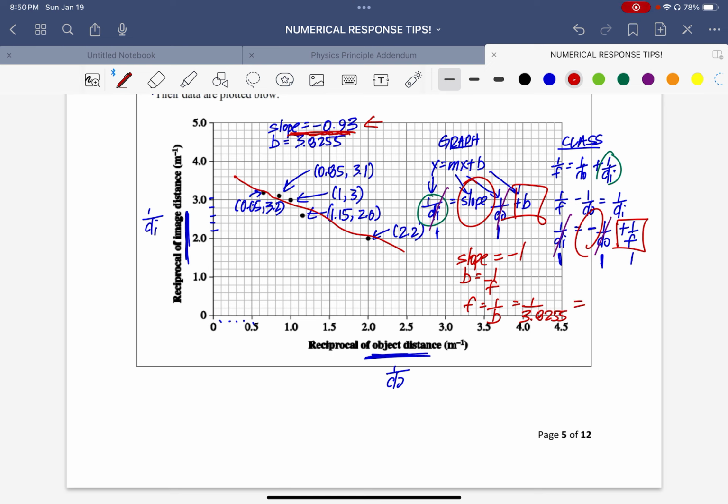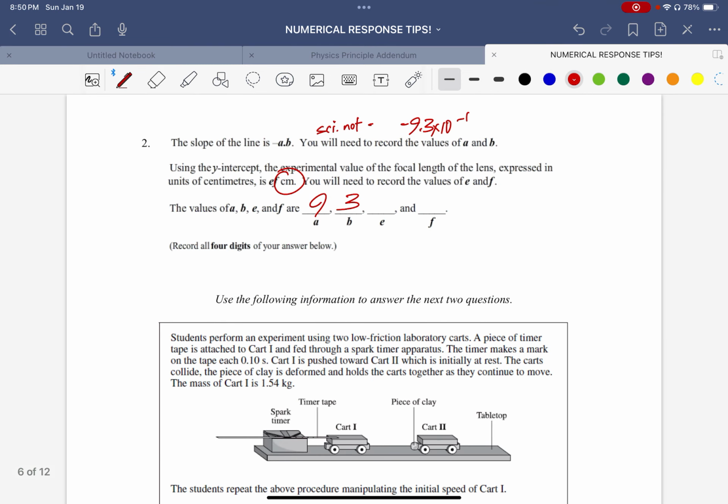Works out to be 0.26 meters, which is 26 centimeters, which will bubble in right here, 26. So our answer would be 9, 3, 2, 6: 0.93 for the slope, and 26 centimeters for the focal length.